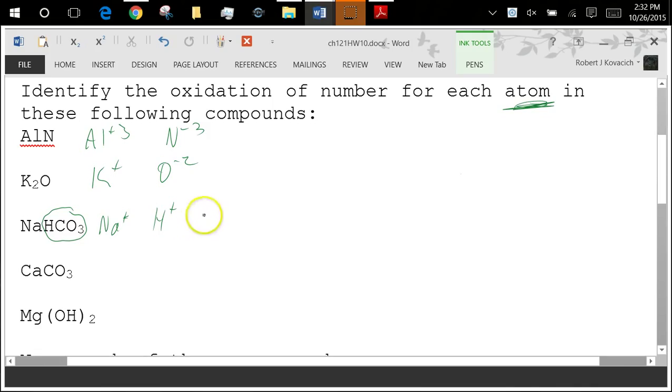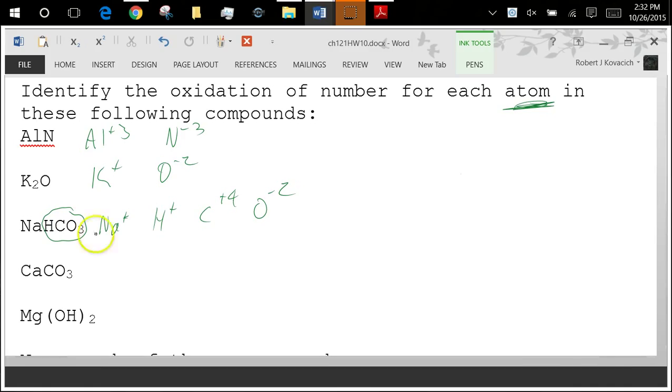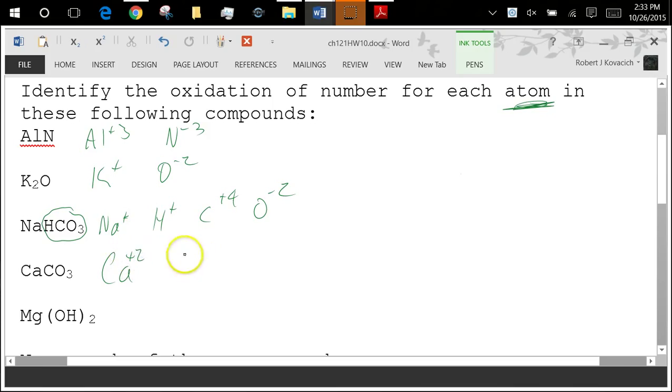Okay, so then the carbon's charge? Because the oxygen's charge is -2, and the whole thing equals 0. Next one? Why? Because it's a group 2 metal, so it's always +2. Carbon? Oxygen? Okay.